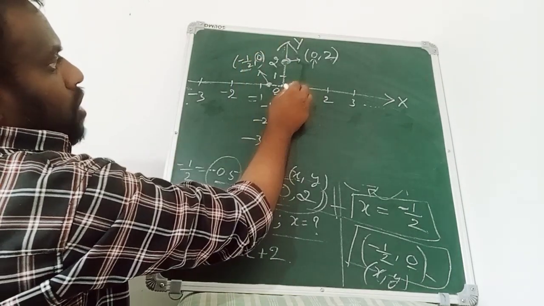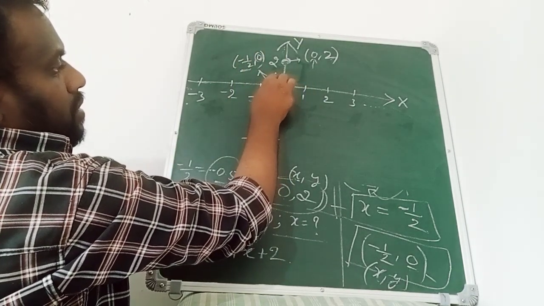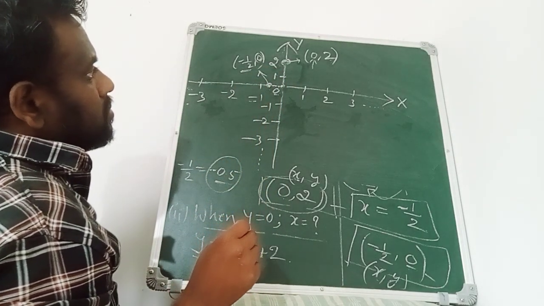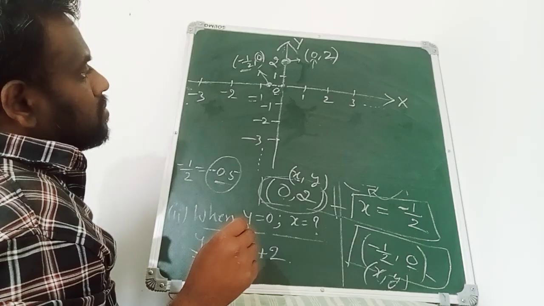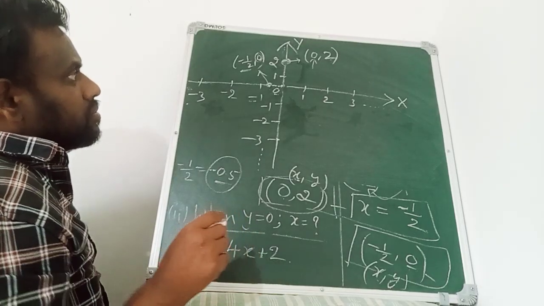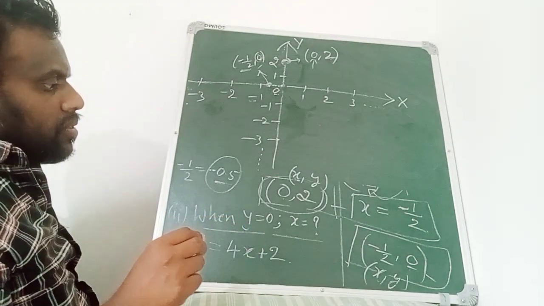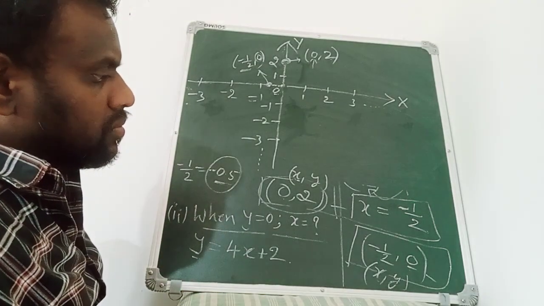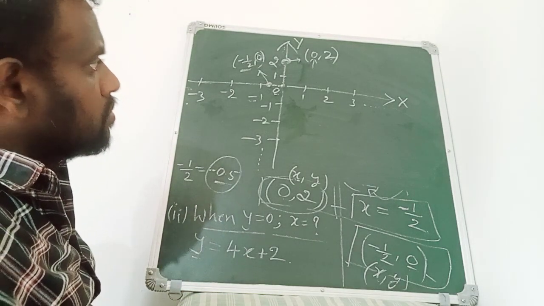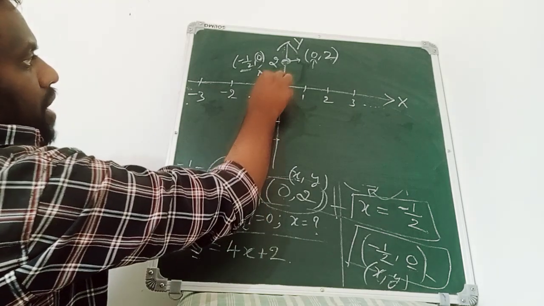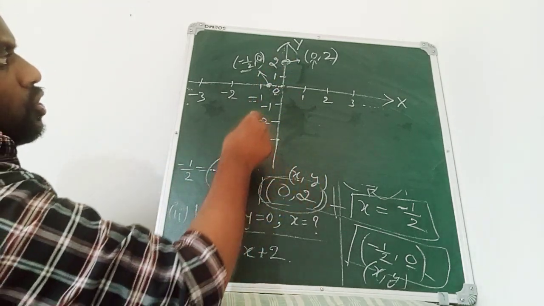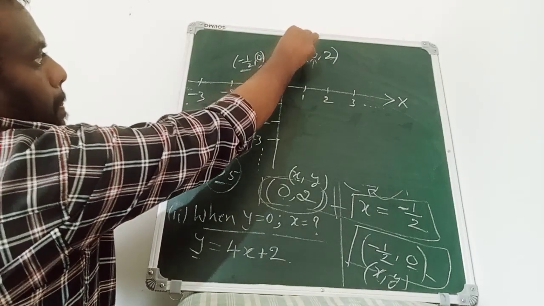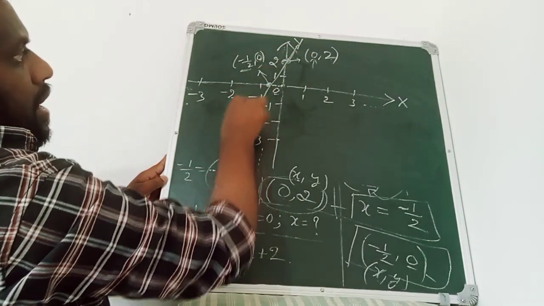So because of 0, you should not mark the point here, you have to mark here. So we got 2 points, right? Now join these 2 points with a line like this. It should be a straight line.